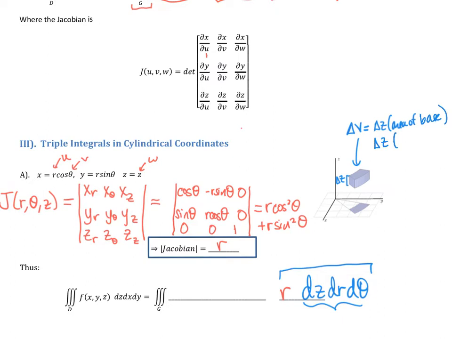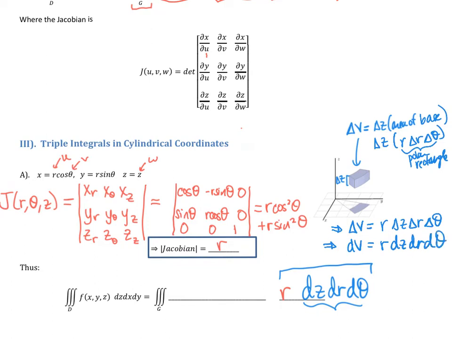That's exactly r delta r delta theta, because that's just the polar rectangle from 12.3. So we can simplify all of this, and delta V is going to be r delta z delta r delta theta, which means that dV in my integrand becomes r dz dr d theta, which is what we also get by just calculating the Jacobian.